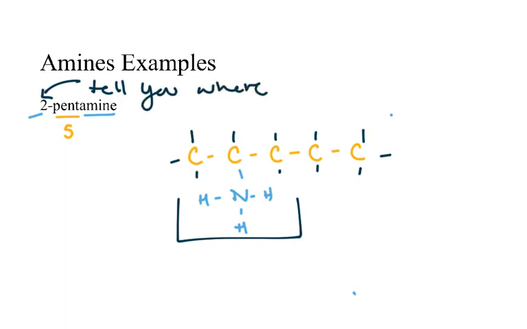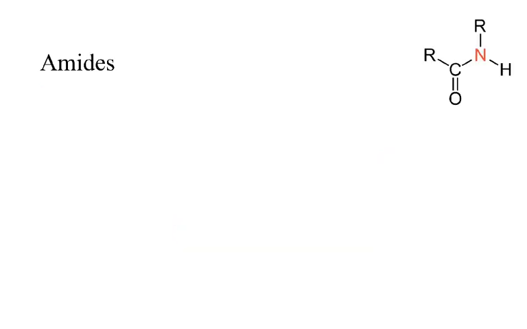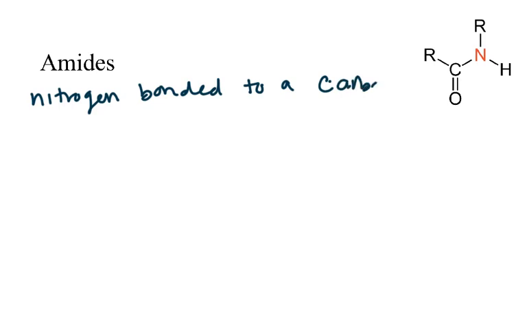And the next one, which is not that different, is our amides. So it is still a nitrogen atom bonded to a carbon, with the same carbon double bonded to an oxygen.